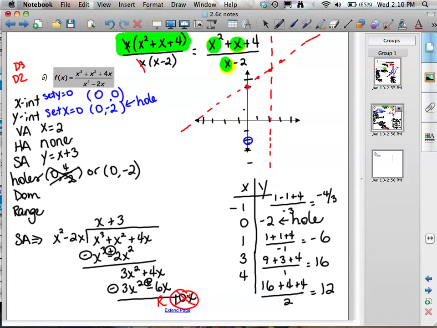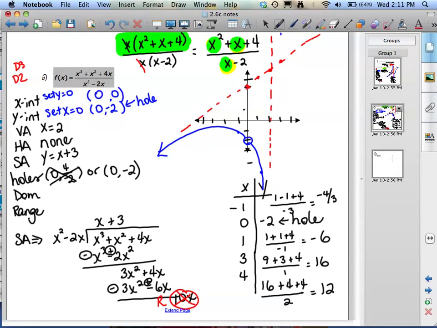So let's see, negative 1, negative 4/3 is here, and 1, negative 6 is down here. So this one's going to look something like this. And then my other values, 3, 16 is way on up here, way at the top.